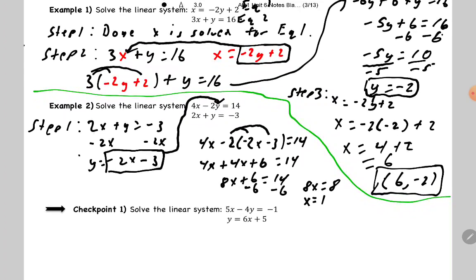Okay. Step 3. So here's step 2, and then step 3, plug it back in. So I have 2 times 1 plus y equals negative 3.